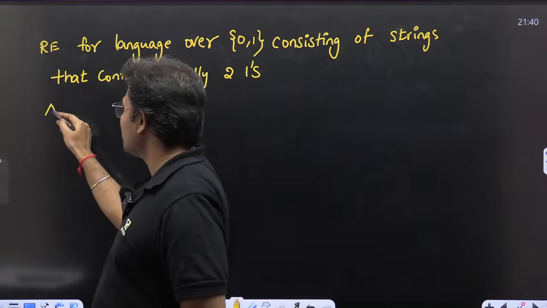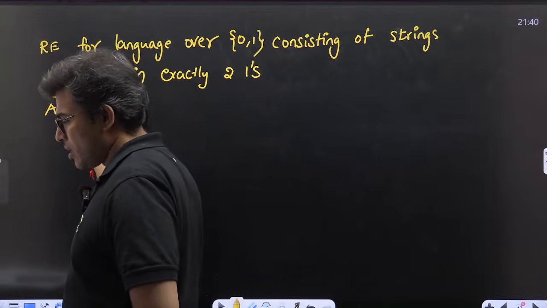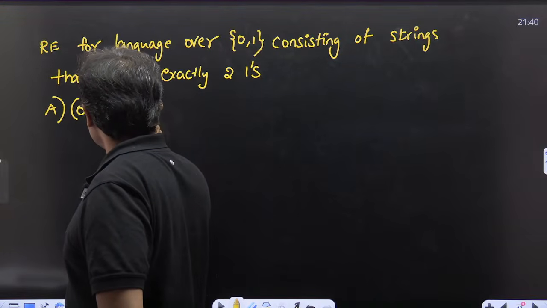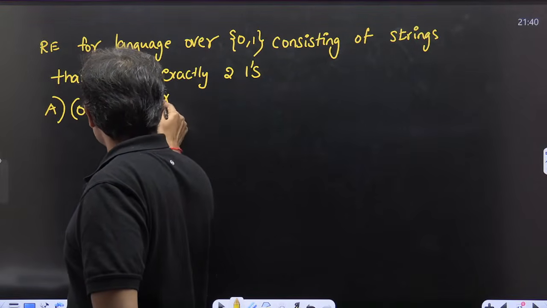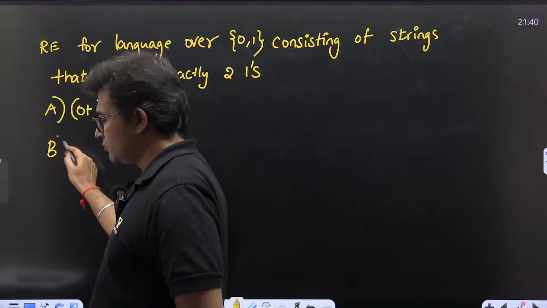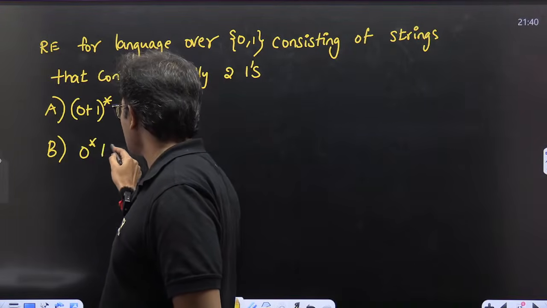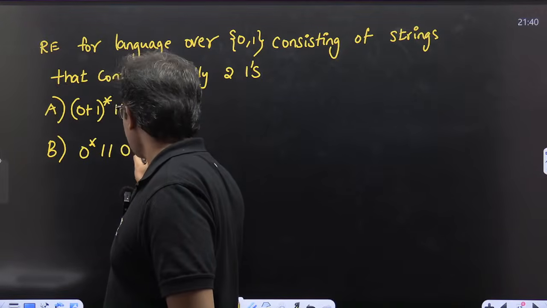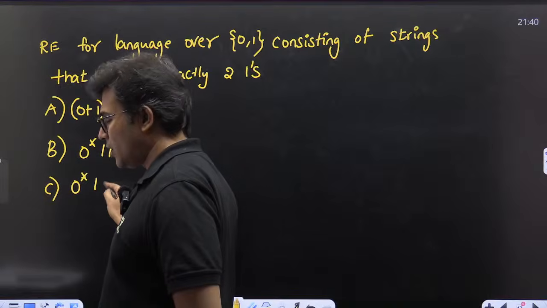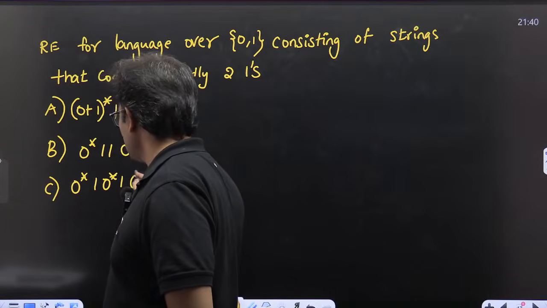Exactly two ones should be there. Okay, A: 0 plus 1 star, 1 1, 0 plus 1 star. B: 0 star 1 1 0 star. C: 0 star 1 0 star 1 0 star.